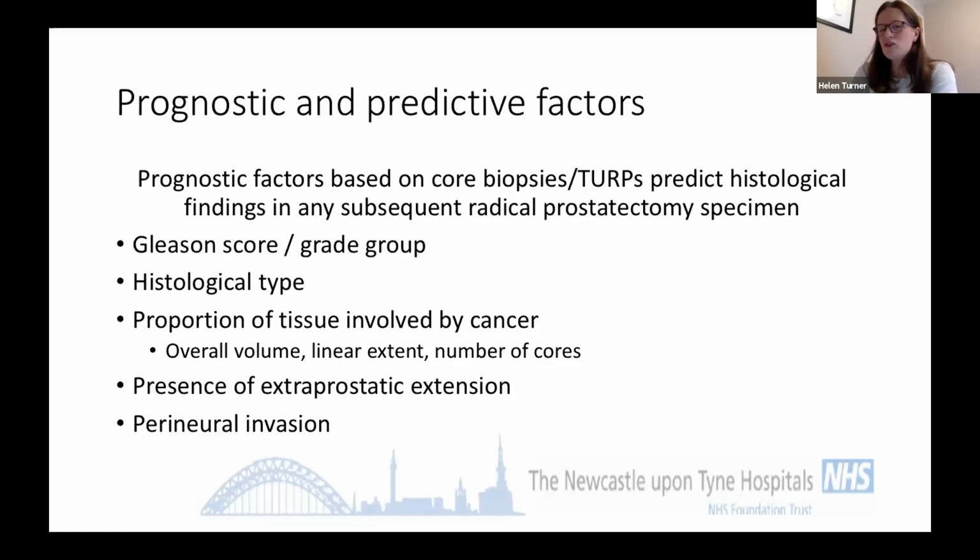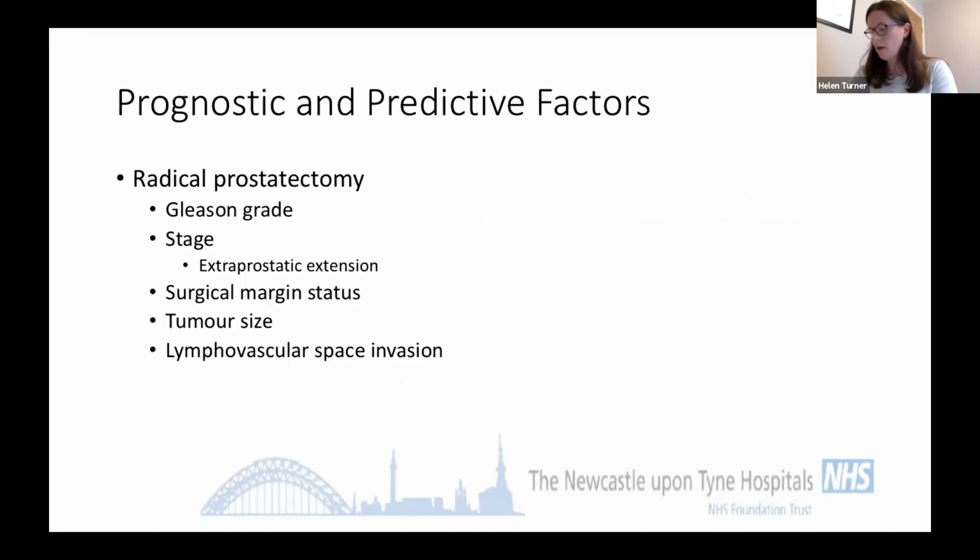The method doesn't really matter as long as you have a locally agreed protocol and you know what each other is doing. And then other factors such as the presence of adipose tissue invasion or seminal vesicle invasion, which you can sometimes diagnose on core biopsies, and the presence of perineurial invasion are also of prognostic significance.